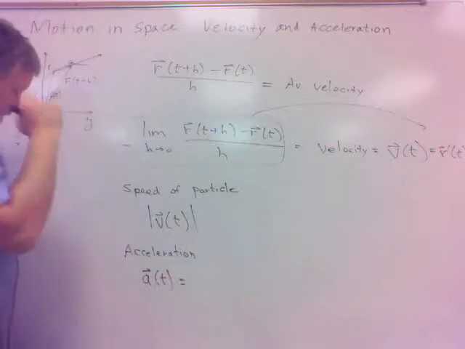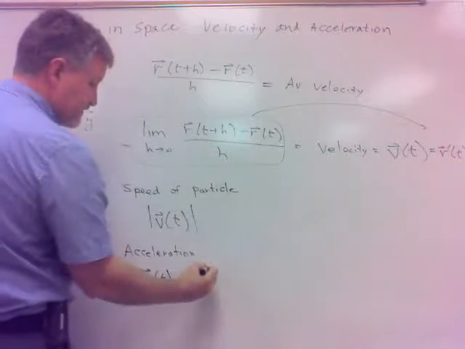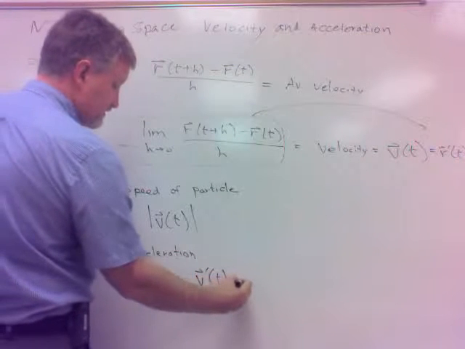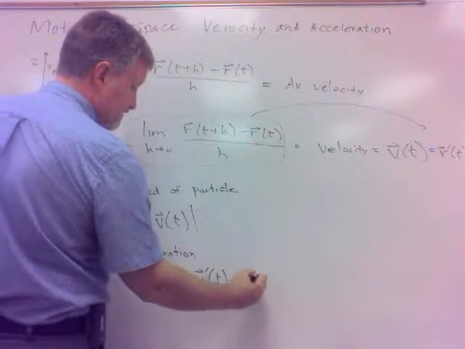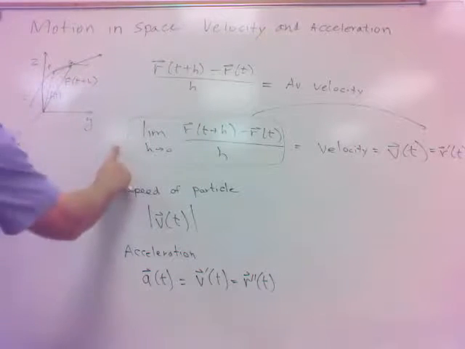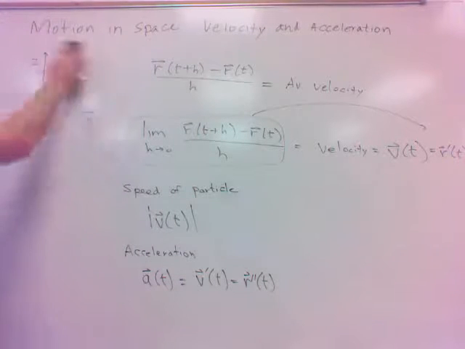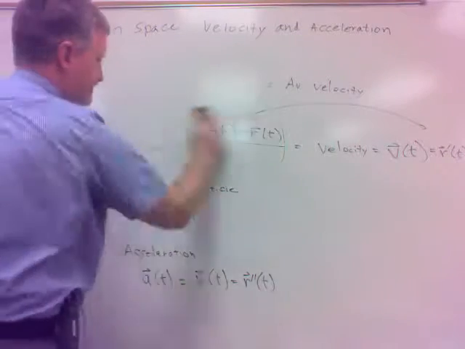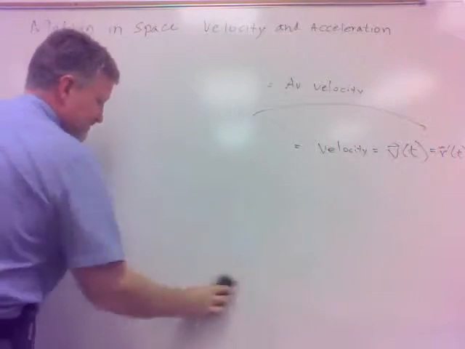So the acceleration vector is the derivative of the velocity vector, the second derivative of the position vector. All right. So anyway, it all goes back to the same old thing we've always been dealing with in calculus.